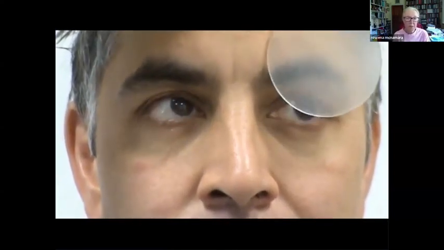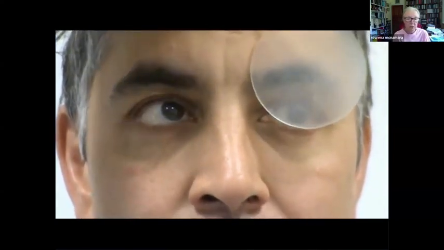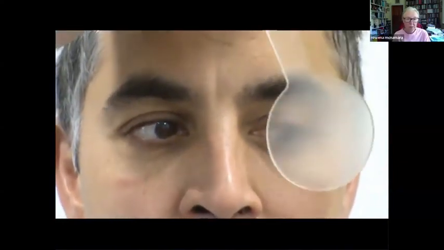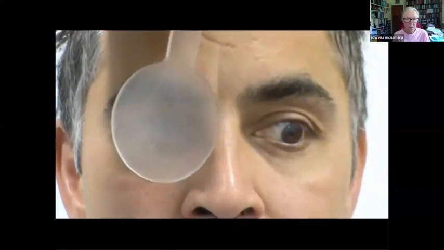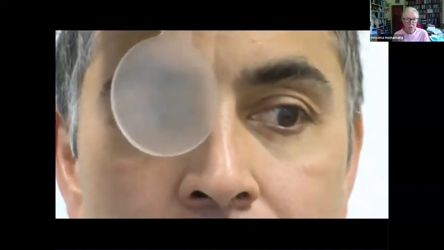When he looks up to his left, the right hypertropia is not increased, it's reduced. It might be about 10 diopters again. But when he looks down, the right hypertropia is much bigger. So he has -4 underaction of his right superior oblique.